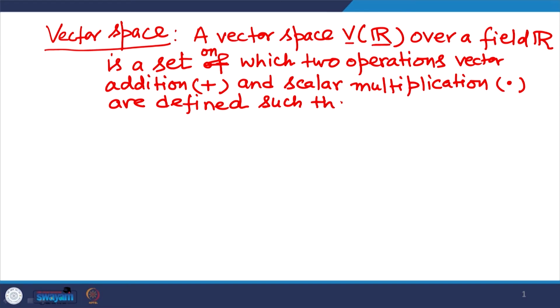So, these two operations are well defined on V and R such that the first property, the set of vectors V together with the operation addition of vectors forms an abelian group.